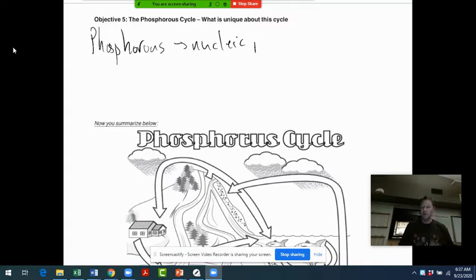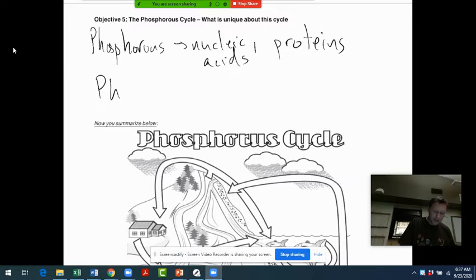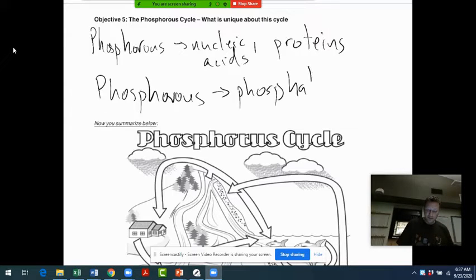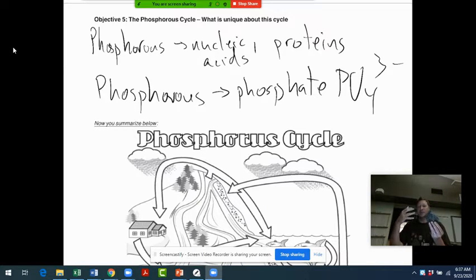It's a key nutrient for plants because they have nucleic acids, RNA, DNA, proteins. The most common form of phosphorus is a compound called phosphate, which is PO4 3 minus. If you were mining this rock, you would then have to put it through a chemical extraction process to actually get the phosphate out.